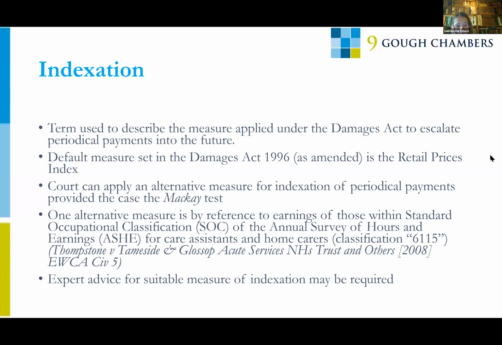And that was a preferred way of doing it in the 2008 case of Thomstone. The reason why they did that was that it was more statistically reliable using that measure rather than the RPI.